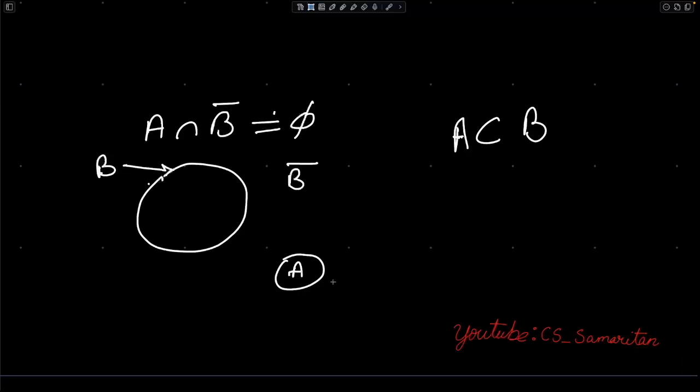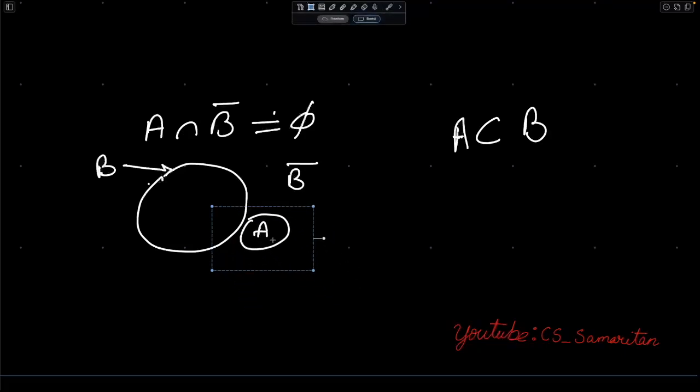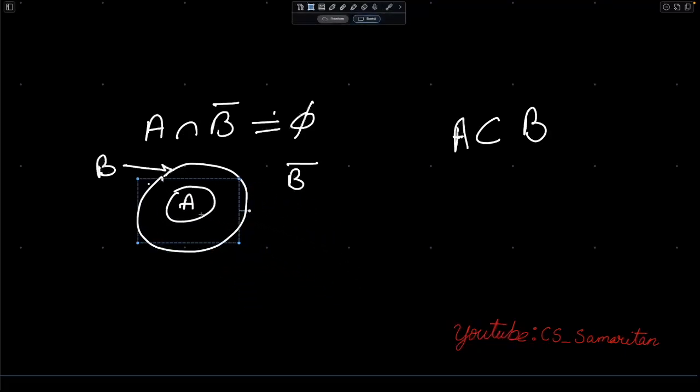That is a condition which can happen, which I have shown here. Suppose that A is smaller than B and I were to place A inside of B. Now A would not have any intersection with B's complement, right? B's complement is the area outside of the circle for B, so it will not have any intersection with B's complement and it is going to give phi there.